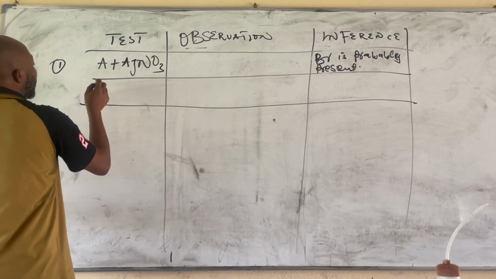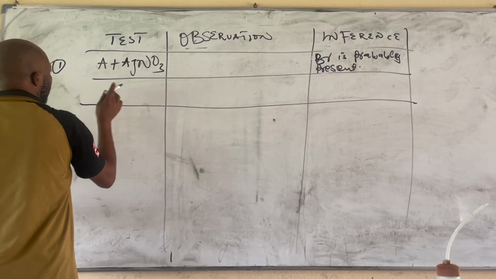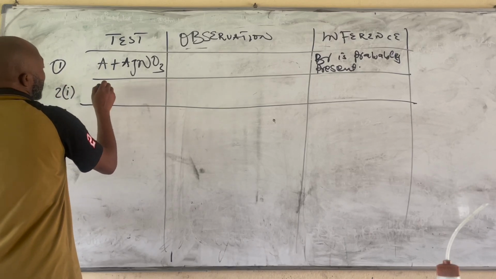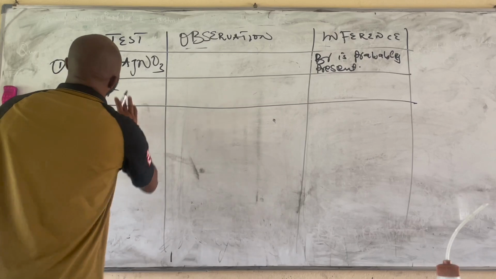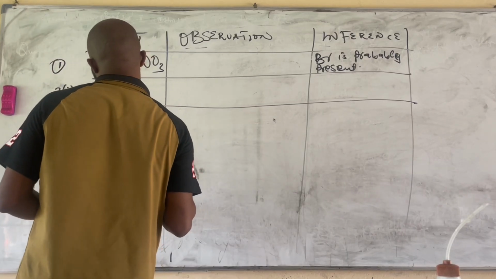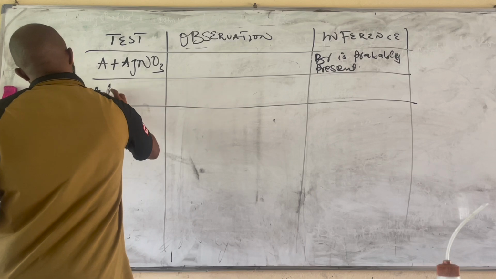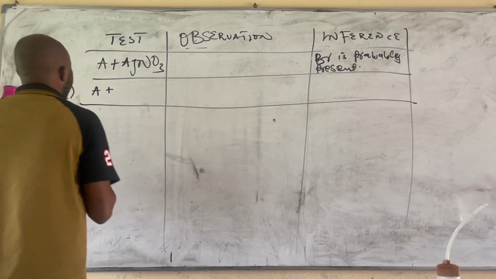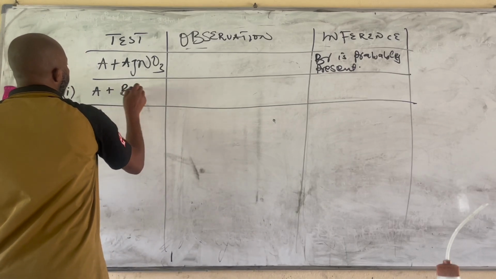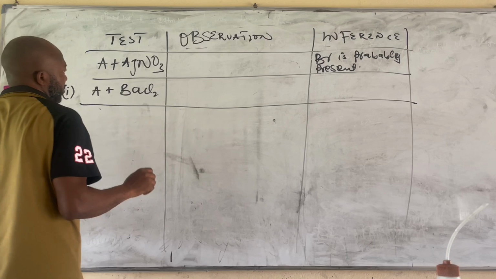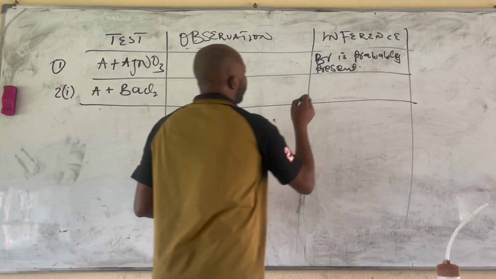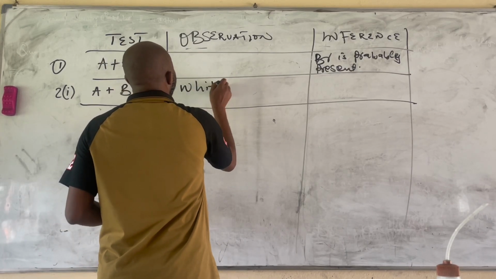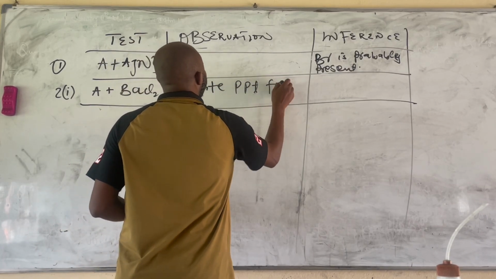Number two, this is 2I. Sample A plus barium chloride, and I have a white PPT form.